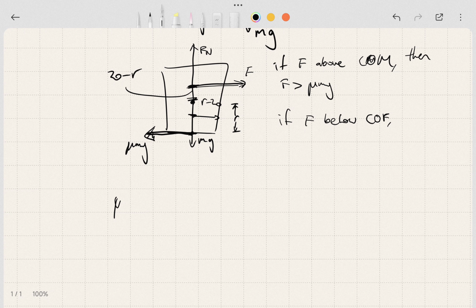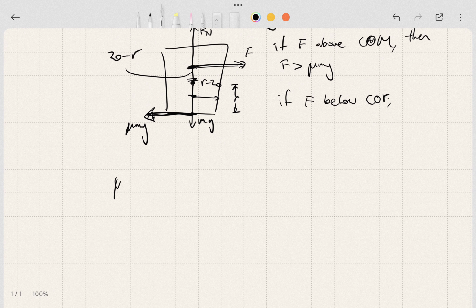If we resolve the torque around the center of mass, the force that's been pushed horizontally at 20 centimeters above the bottom of the cube is clockwise, and so is the frictional force applied at the bottom of the cube. It's also clockwise, so the torques don't actually balance each other out.